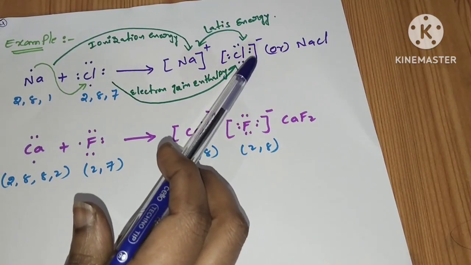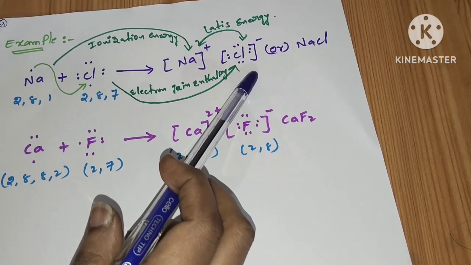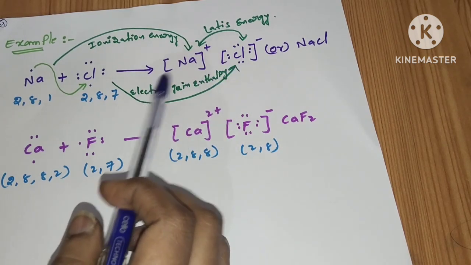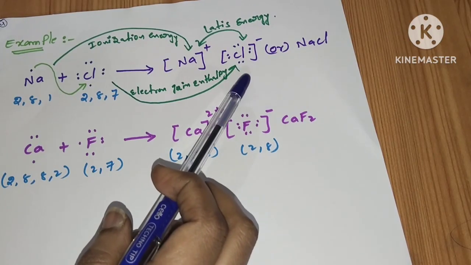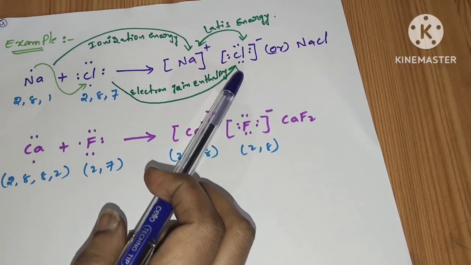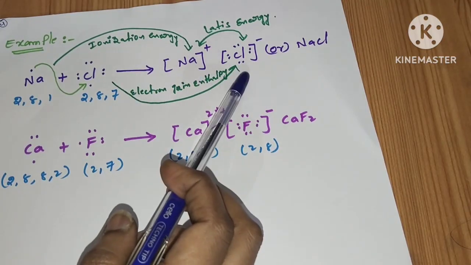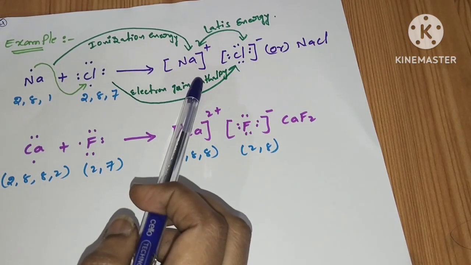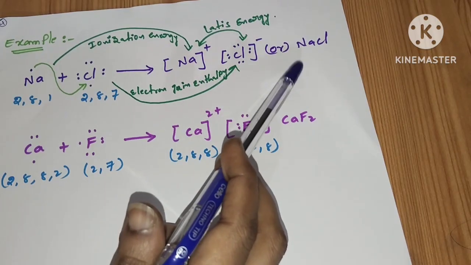The electrostatic force of attraction is binding them, and the bond between them is known as the ionic bond or electrovalent bond.